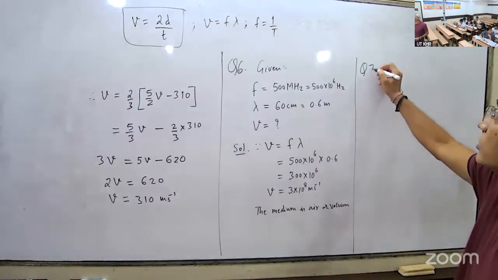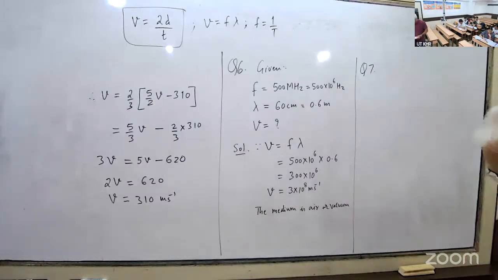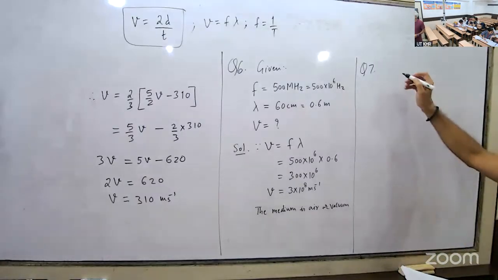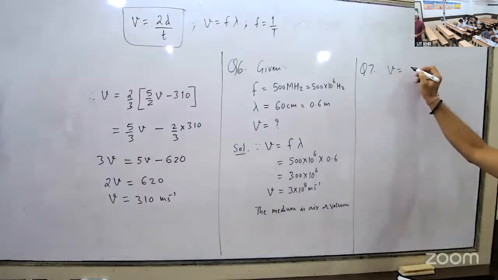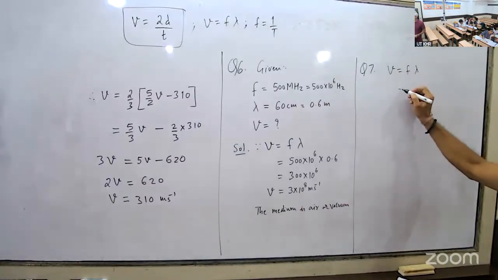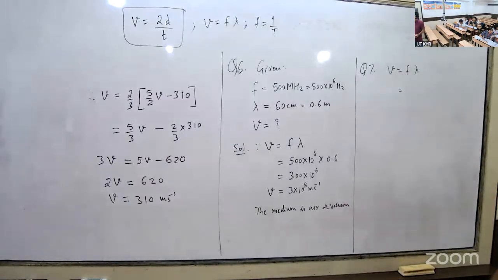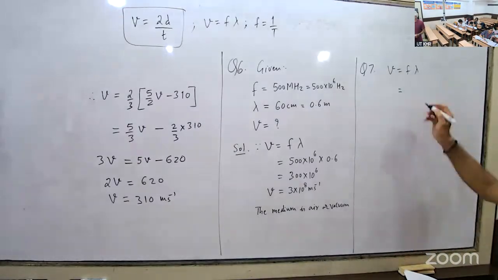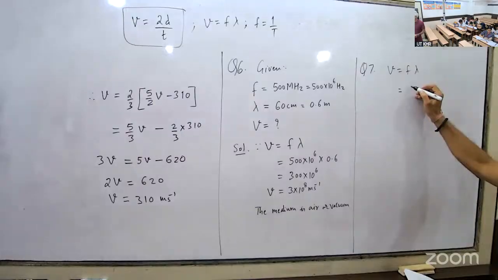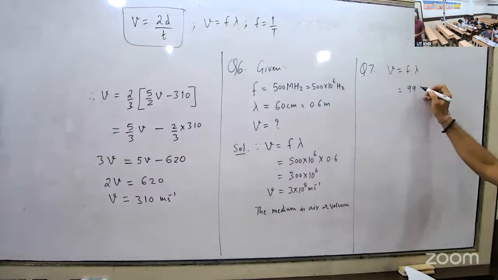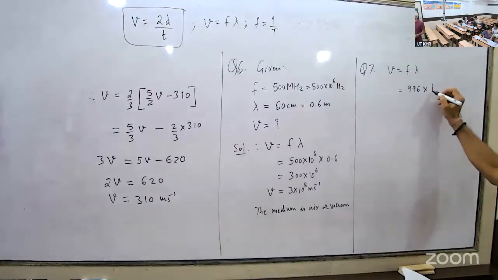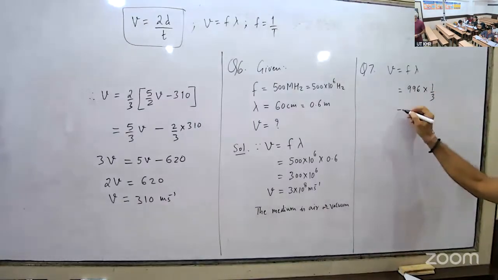Question 7. What is the formula to be used? What is the velocity of sound? v = f lambda. So how will you do it? 996 into 1/3. What is the velocity?